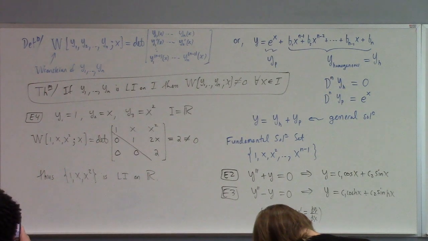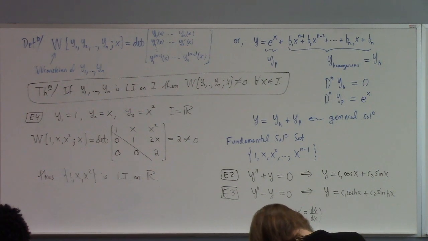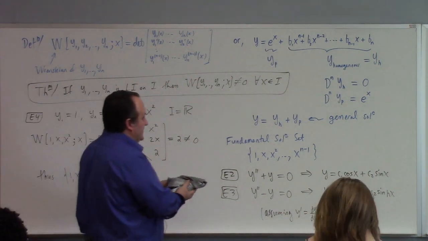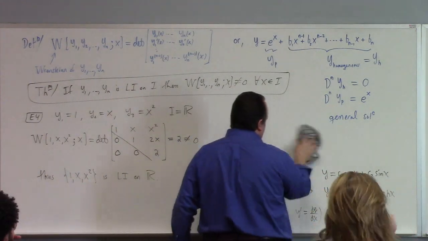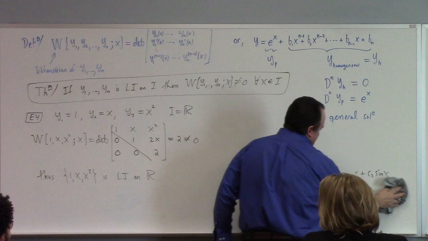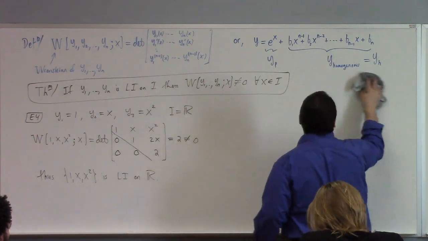Now, the Wronskian is one tool we can use to detect linear independence. We can also go back to the definition. For two functions, there's kind of an easier way to do it. Like I said, two functions are linearly dependent only if one's a multiple of the other. So sometimes for two functions, there's an easier path.